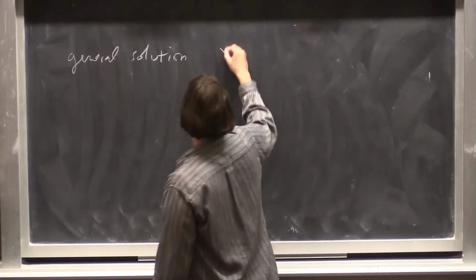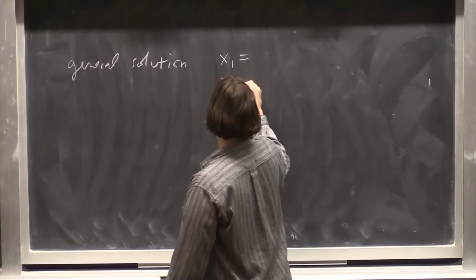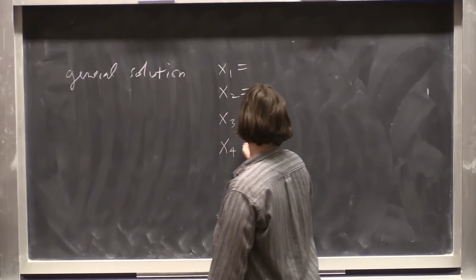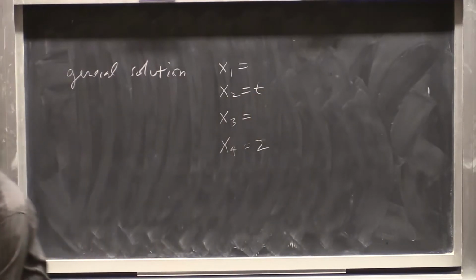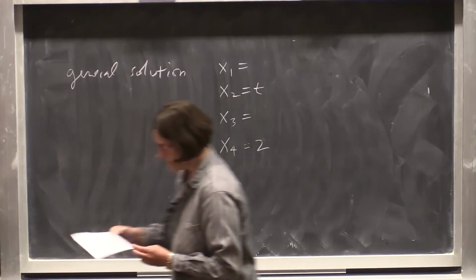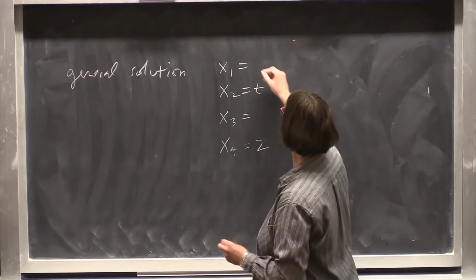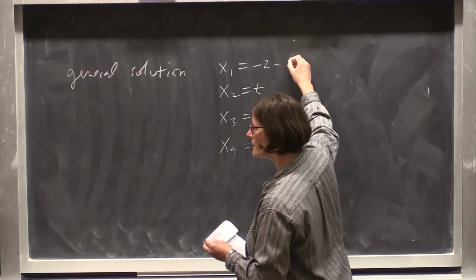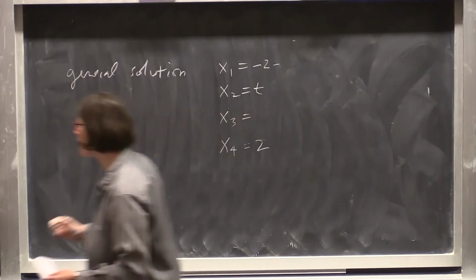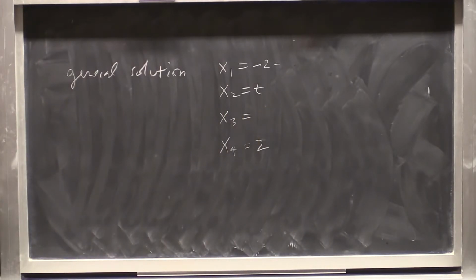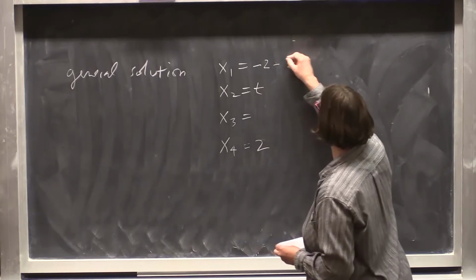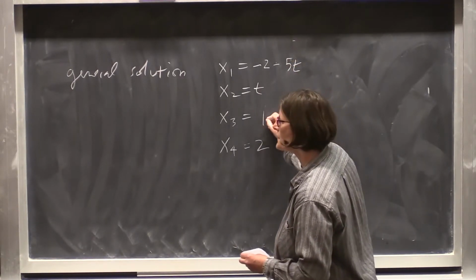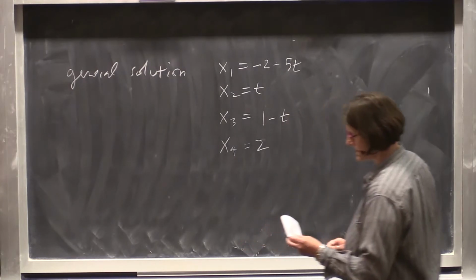The general solution is x1 is something, x2 is t, x3 is something, x4 is 2. x1 is minus 2 minus 5t. x3 is 1 minus t.